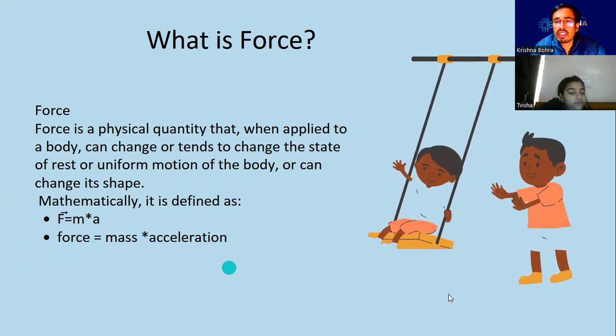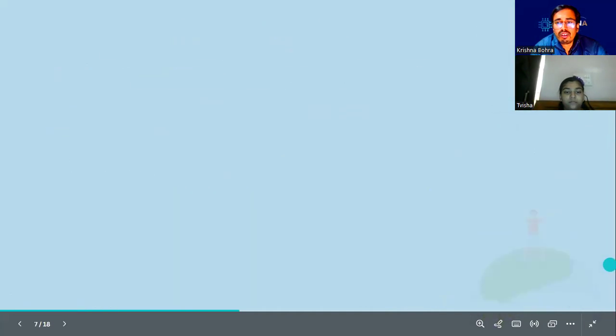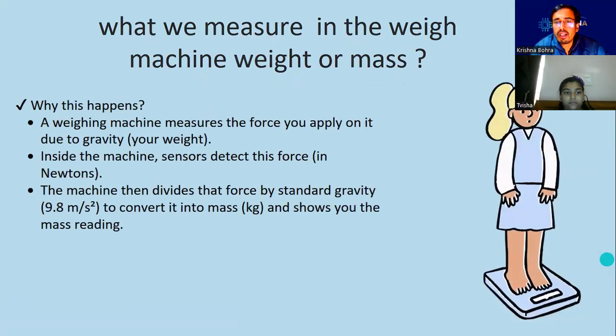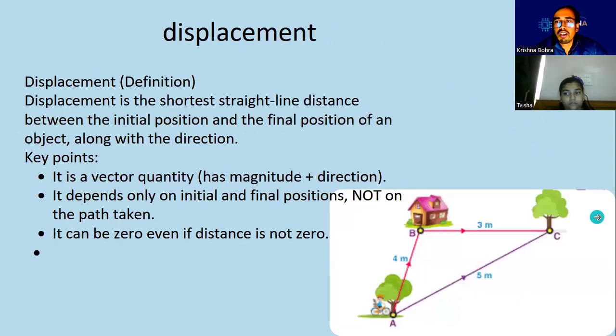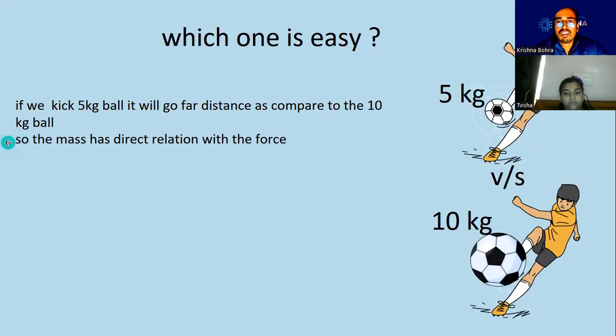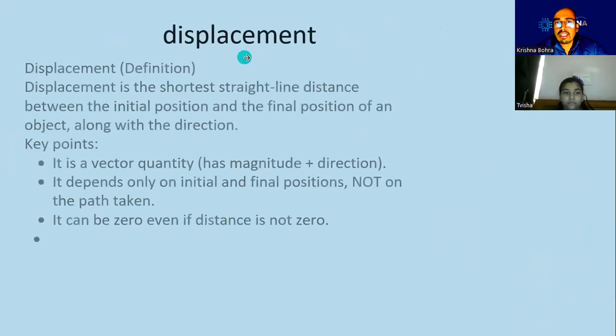Now let's understand what acceleration is. When it comes to the inverse relation, we will be studying it in some time. Inverse relation means that the greater the mass, the lesser the force, and the greater the force, the lesser the mass. I generally call this an uncle-son relation. Okay, so now let's understand what acceleration is.